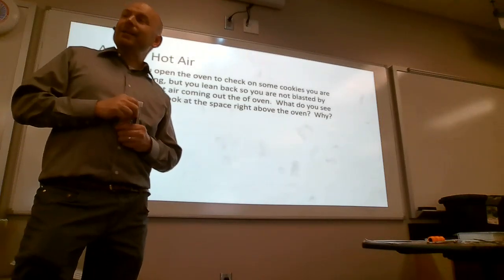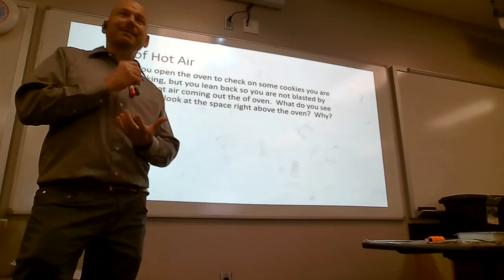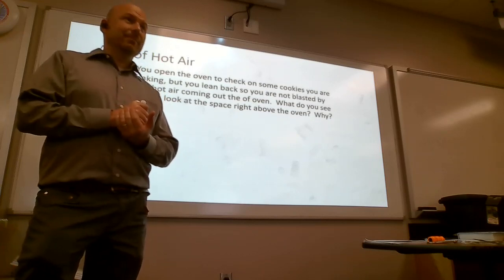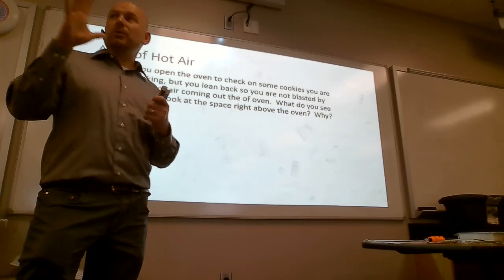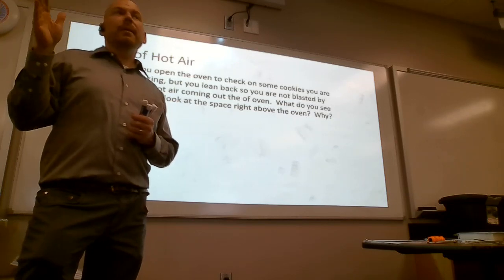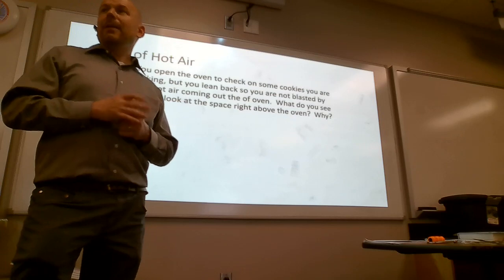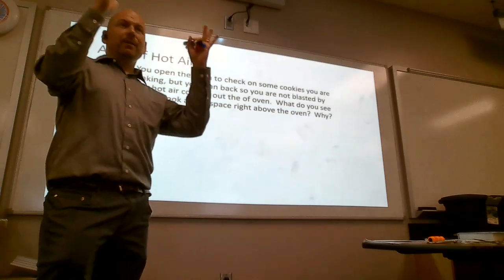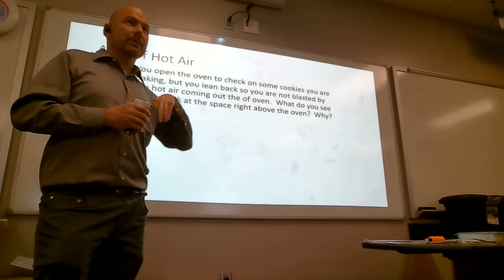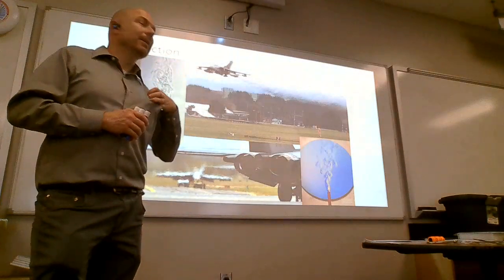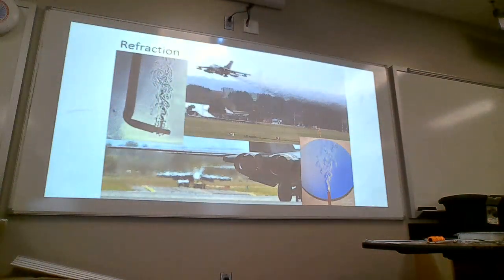Light travels faster through hot air because it's less dense, and compared to the cooler air, it causes light to bend. That's why you get the wavy appearance. It's bending light. These are pretty extreme examples, or looking at the exhaust of jets. But that heat wave ripple stuff, that's totally a refraction phenomenon.